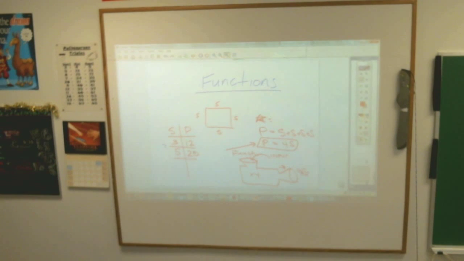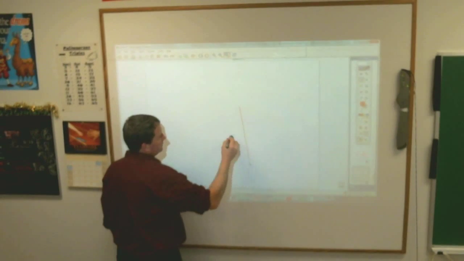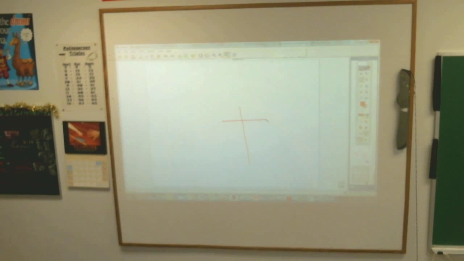So they're going to ask you something like this. Don't get confused by the word. You could substitute the word rule in for function, but apparently we have to use function.